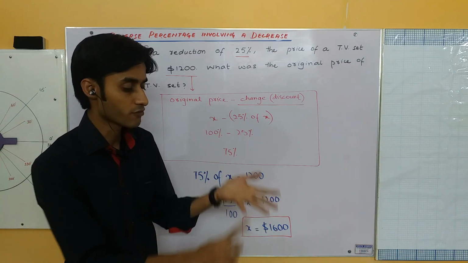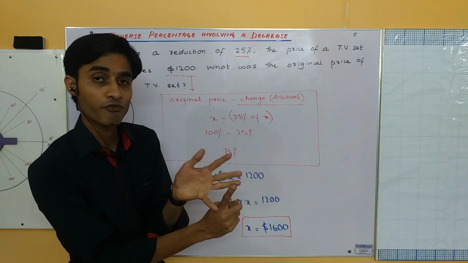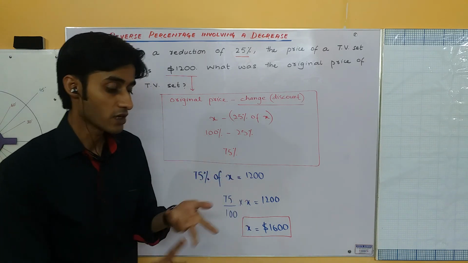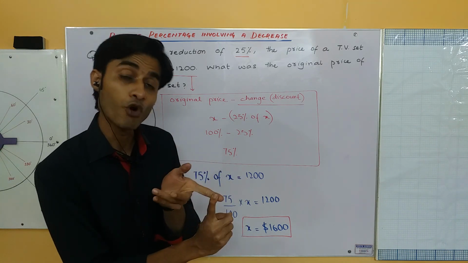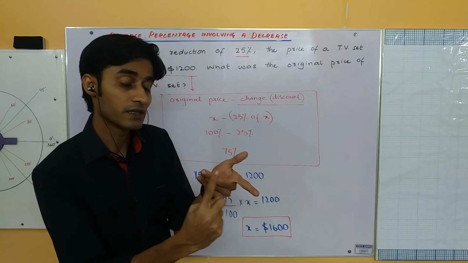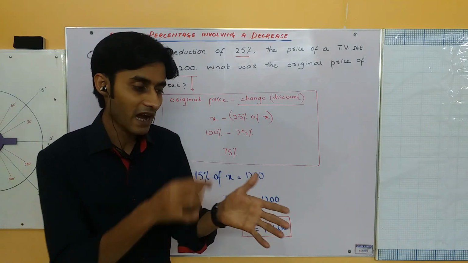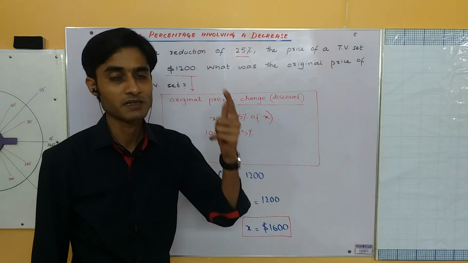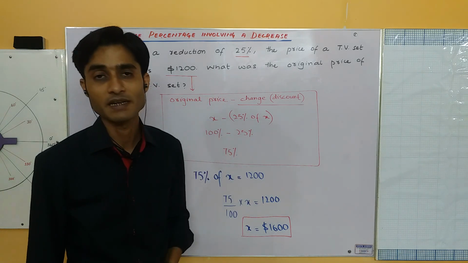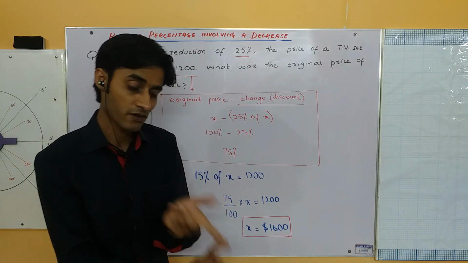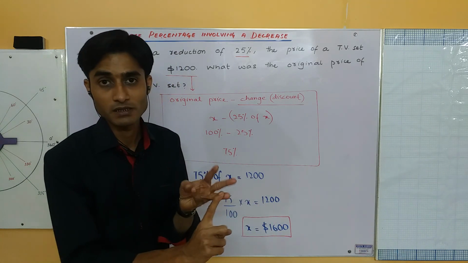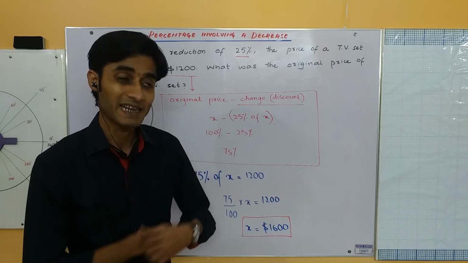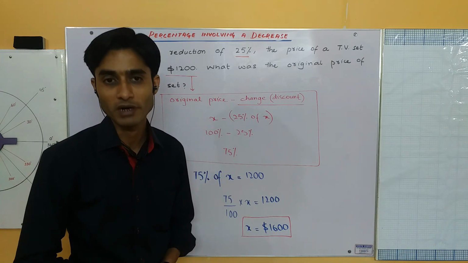We have discussed what is a percentage, we have discussed conversion of percentage into fraction, into decimal, we have discussed converting decimal and fraction into percentage. We have discussed percentage change, which involves increasing a percentage, decreasing a percentage, and then in the end I have discussed reversing a percentage. These three things, percentage increase, percentage decrease, and reverse, are the most important, which I really want you to at least know that we have taught you earlier.